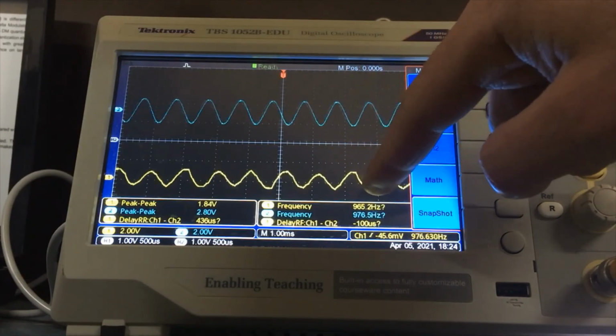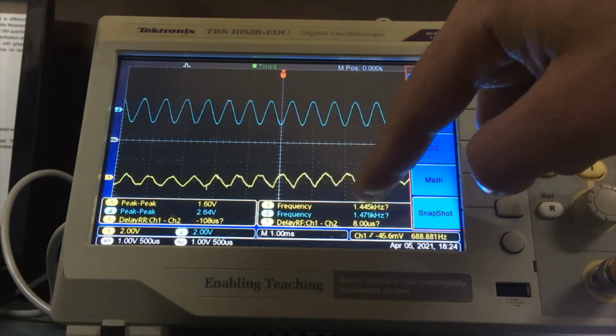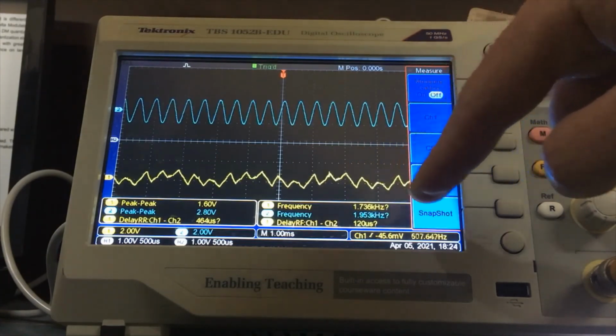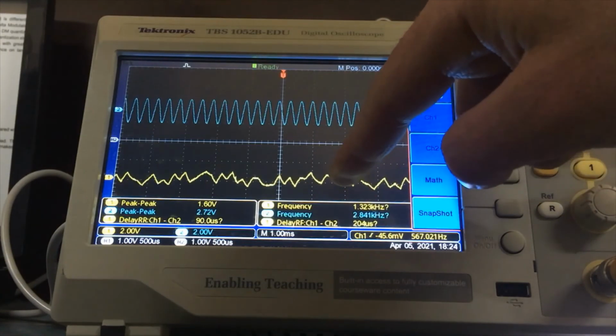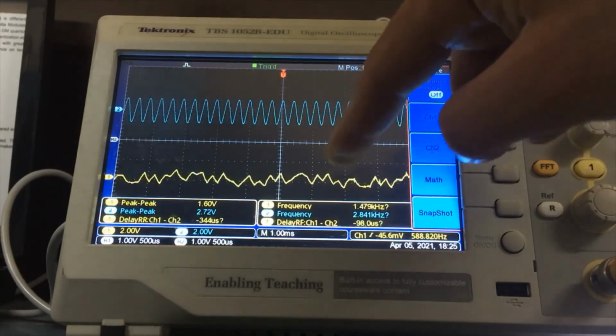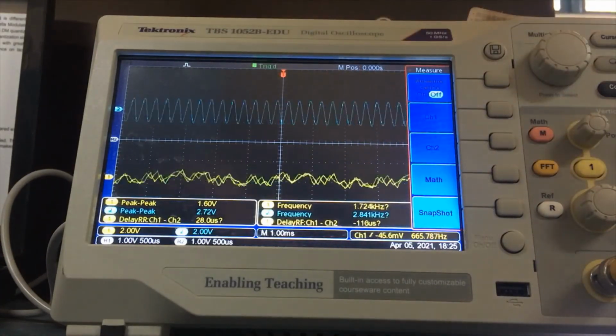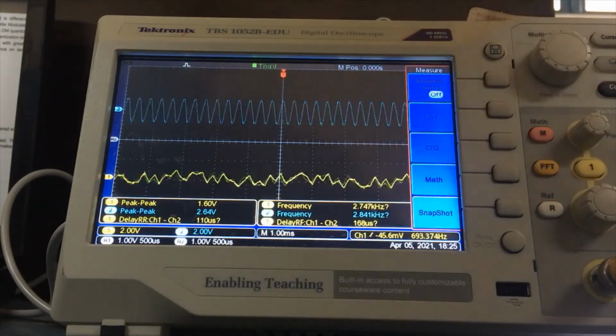If you again increase the signal frequency to 1.5 kilohertz, you can see the effect. Now 2 kilohertz, and finally if the input signal frequency is 3 kilohertz, the low pass filter cannot detect the signal, right?